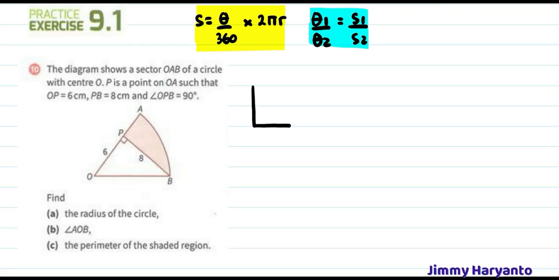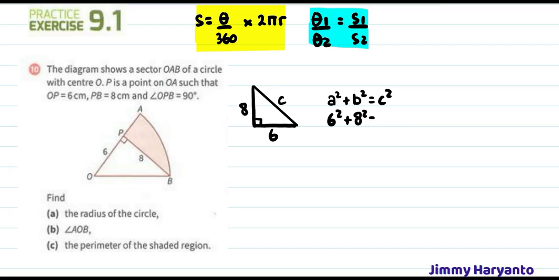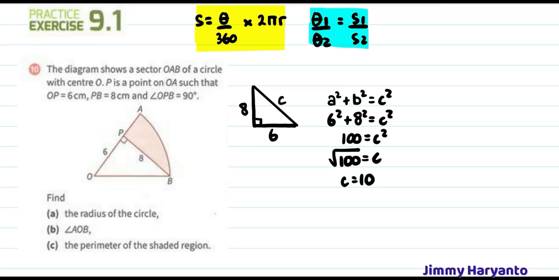So if you have a triangle like this, let's say this one is 6, this one is 8, for this one you will label it as C. A square plus B square equals C square. So 6 squared plus 8 squared equals C squared. You have 100 as the result equals C squared. So C equals square root of 100. So C equals 10. That means this one is 10.